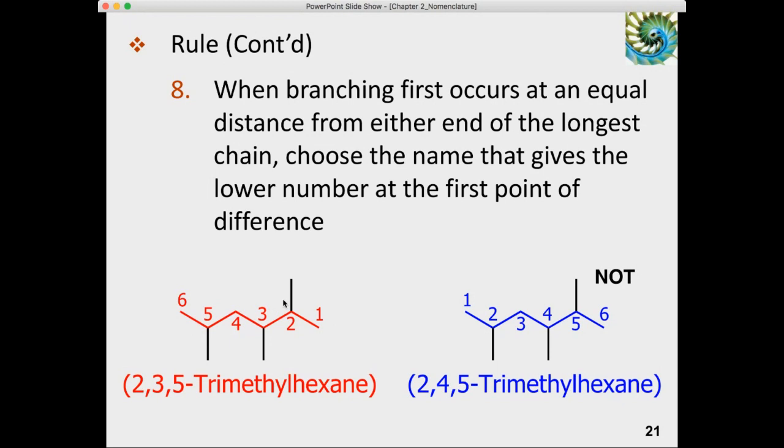To make a decision, we need to look for the second group until we find the first point of difference. In this case, because we only have 3 groups, the first 2 are equal, so we go to the third group. The third group is closer to the right side, therefore we assign number 1 here. Once we assign the numbers 1, 2, 3, 4, 5, 6, we have a methyl in 2, another in 3, and another in 5. So 2,3,5-trimethyl hexane, which is the parent carbon chain.